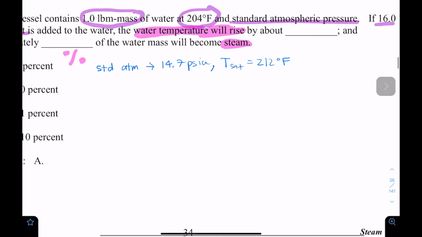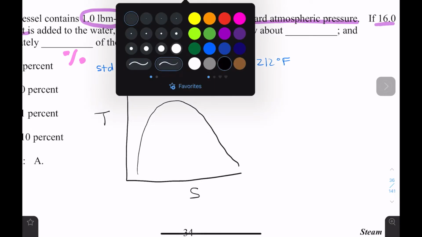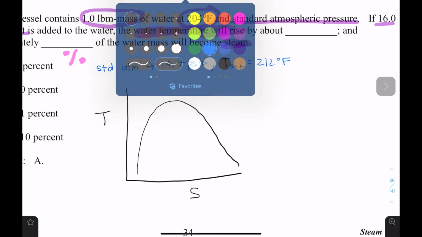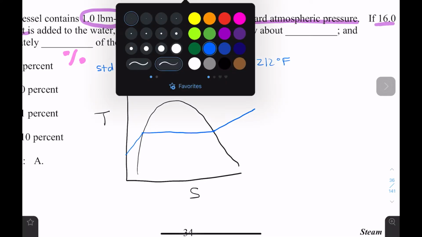Okay, so now I'm going to just draw my TS diagram. Just going to draw it here. Okay, so this is my pressure, right?